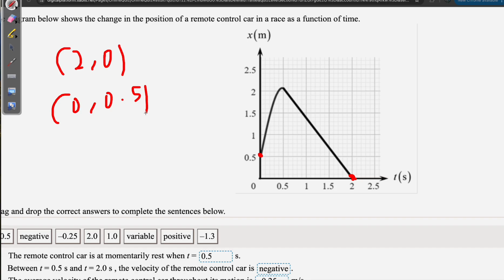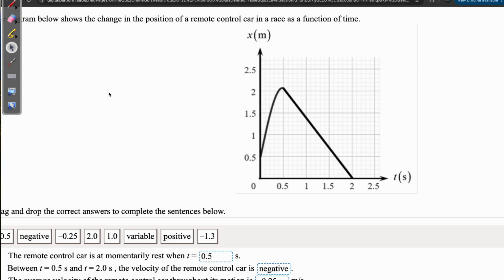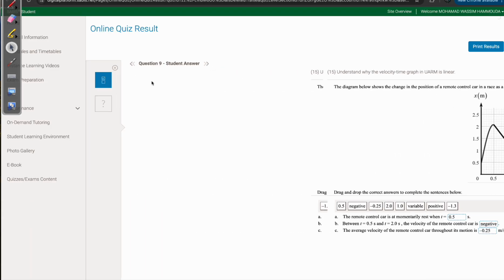And then again, for velocity we do the slope. So 0 minus 0.5 over 2 minus 0, which is equal to negative 0.25 meters per second, which we have here. Number 9.